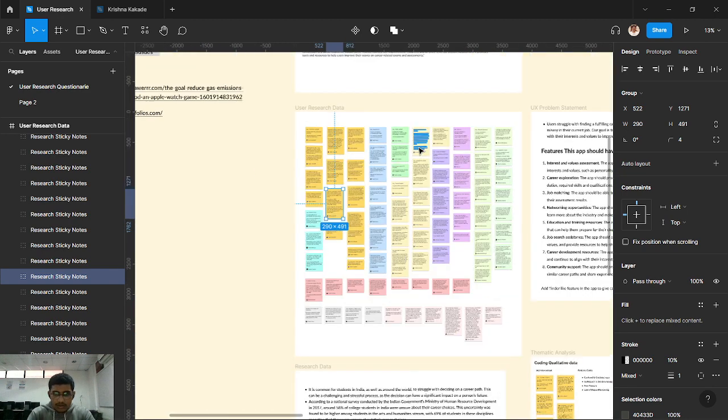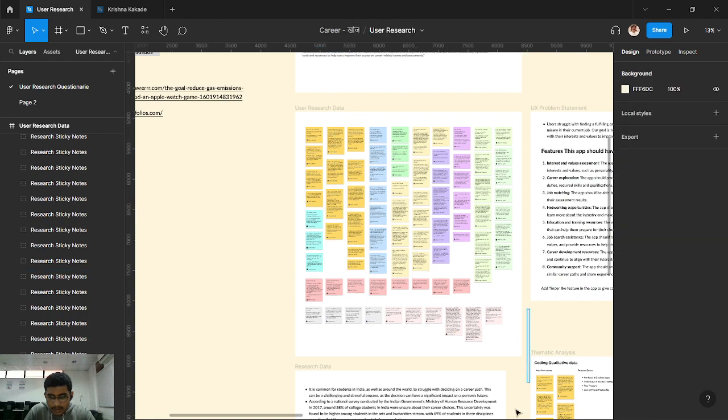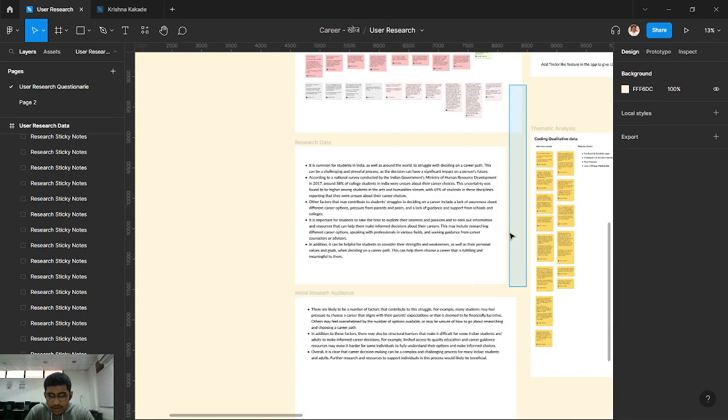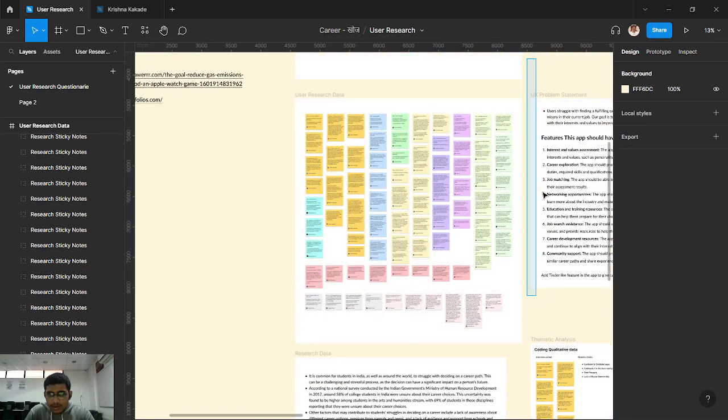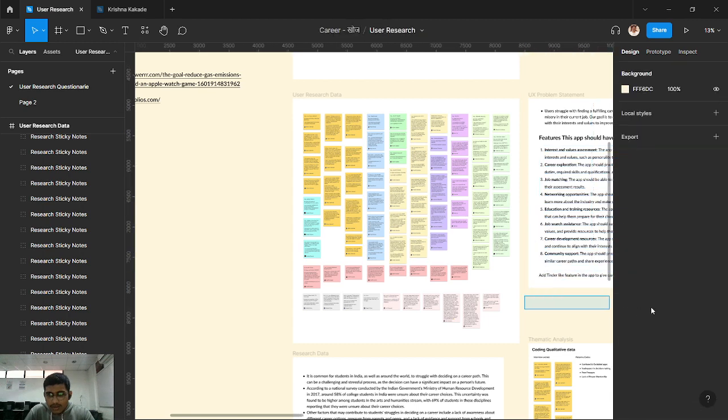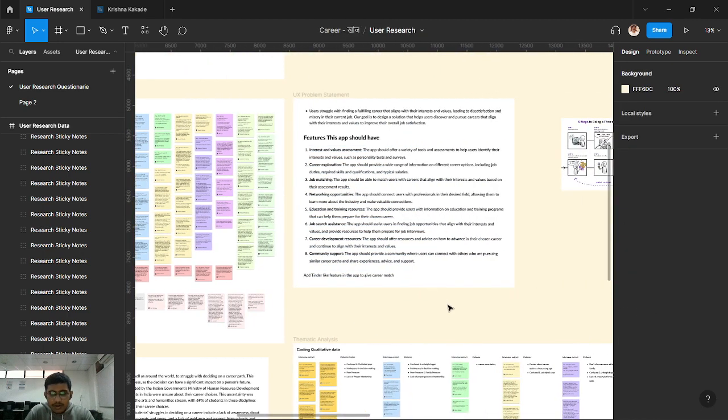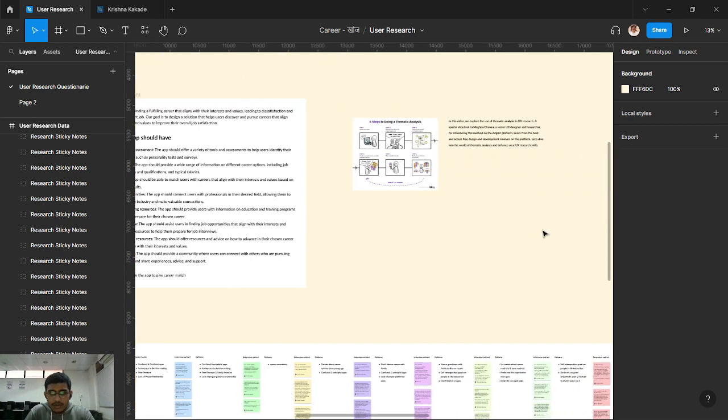After documenting this research, you can then do research on that data. You can also use ChatGPT to help you analyze and do research on that data. This is from Nielsen Norman Group.